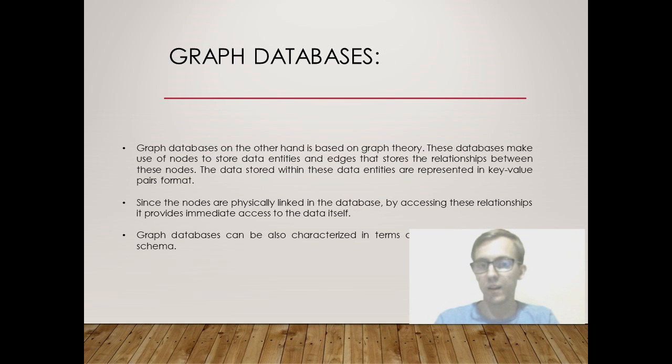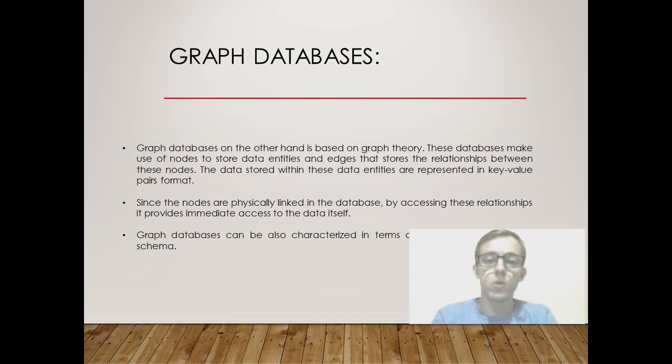Graph databases, on the other hand, are based on graph theory. These databases make use of nodes to store data entities and edges that store the relationship between these nodes. The data stored within these data entities are represented in key value pairs format. Since the nodes are physically linked in the database, accessing these relationships provides immediate access to the data itself.